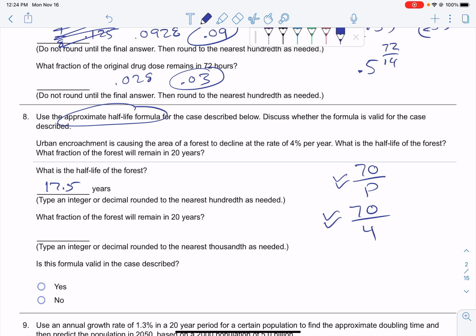What fraction of the forest will remain in 20 years? So I go back to my formula. This is basically, I'm using this as my double, or as my half-life factor. So I go back to my original formula that we used in the last problem. So I'm going to take 1/2, and I'm going to raise that to the little t, which is 20 years, divided by the big T, which is 17.5.